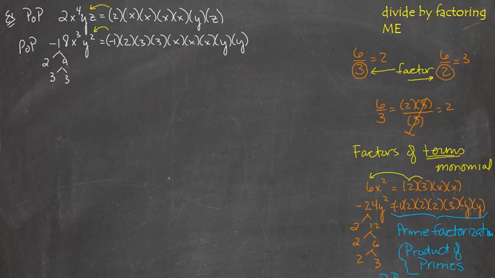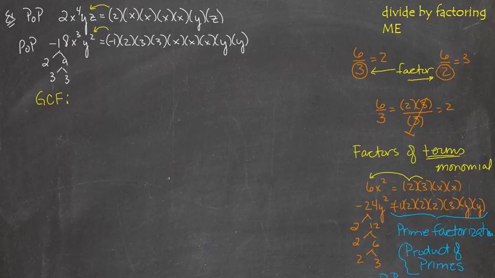So we're going to use this to find something called the greatest common factor. So we want the GCF, greatest common factor. That's the biggest factor that both of these numbers contain.